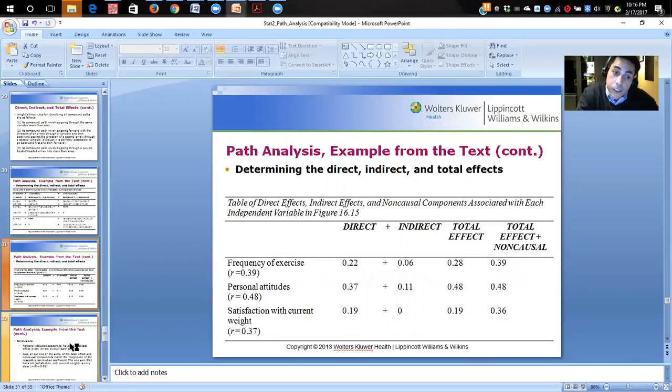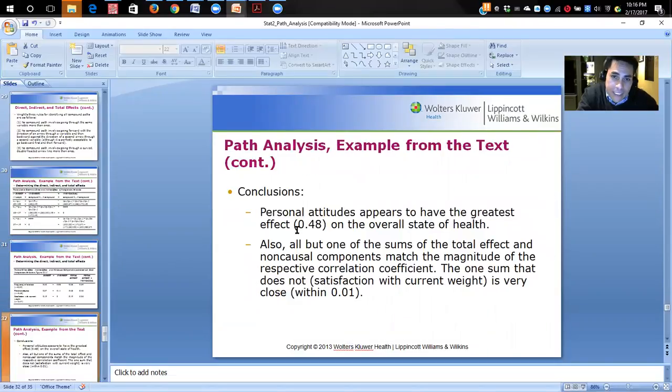But here your personal attitude is 0.48, and that has, in conclusion, the greatest effect, or the strongest in terms of magnitude in cause and effect modeling of what would lead to overall state of health.